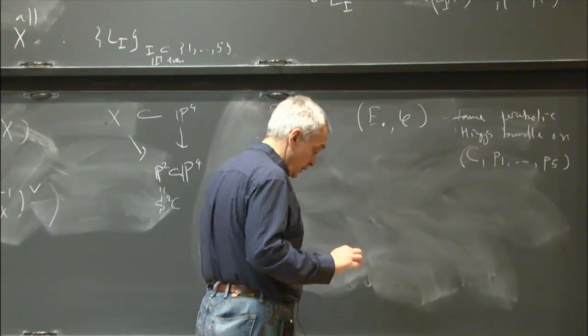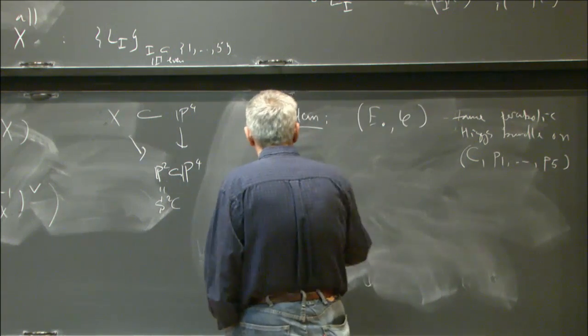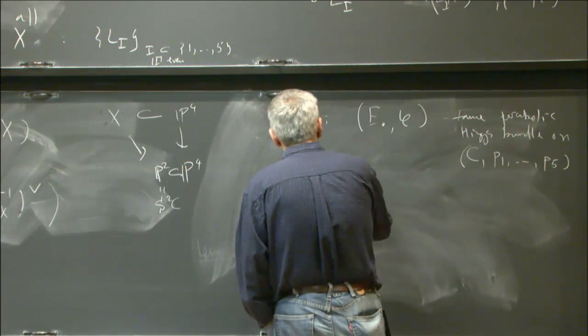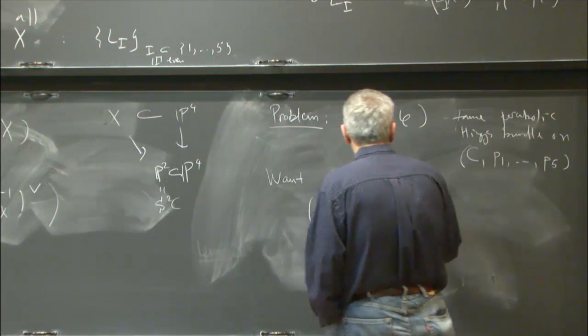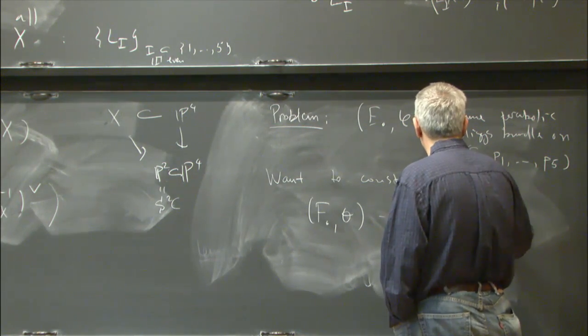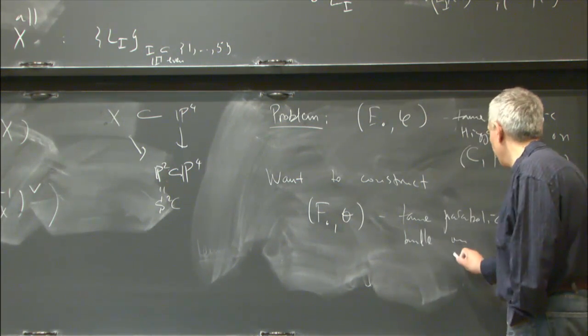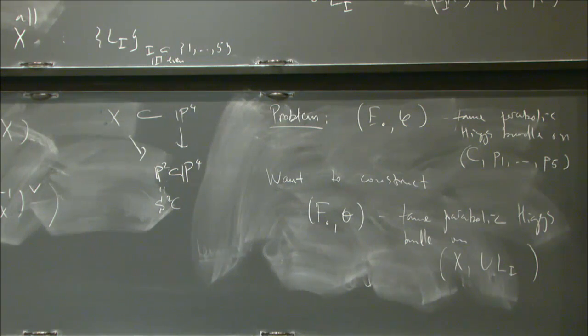And we want to construct f dot theta, a tame parabolic Higgs bundle on X with the divisor consisting of all the lines, so that it's semi-stable of first and second parabolic Chern class 0. So this is semi-stable.